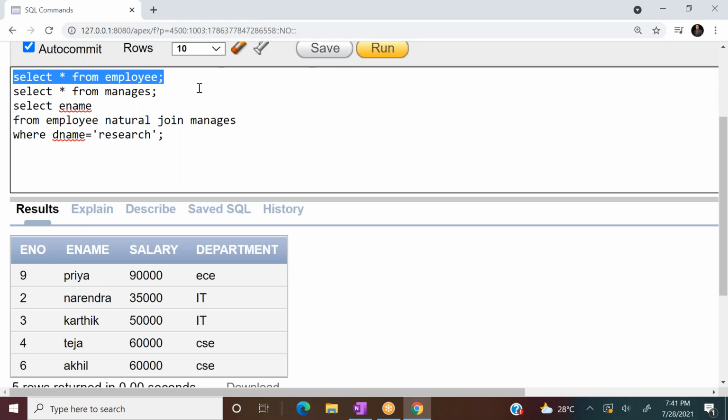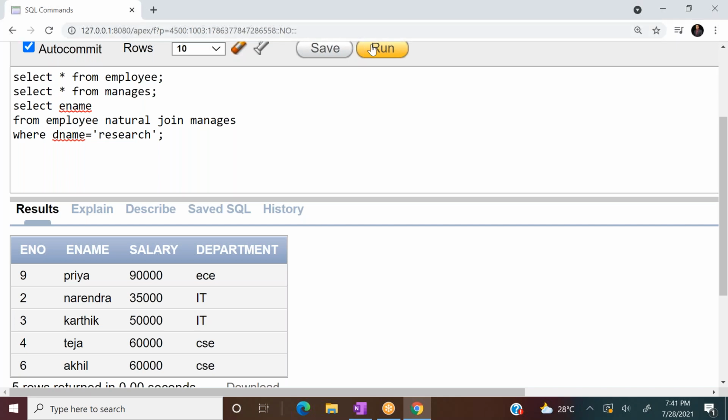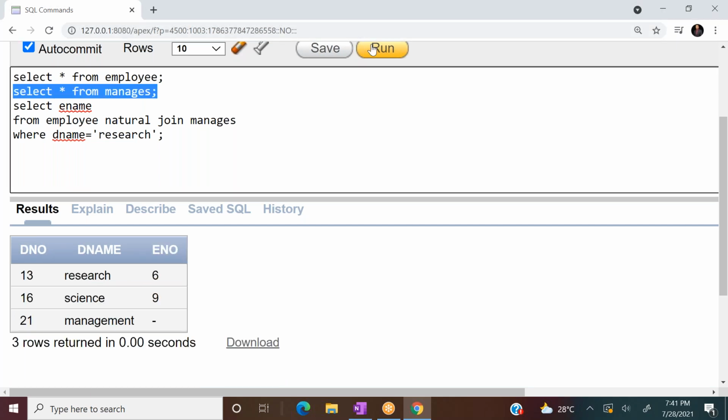And in the managers table we have 3 records. Among all of them, Priya and Akhil are managing departments. Priya is managing the science department, Akhil is managing the research department, and except Priya and Akhil, the remaining are not managing any departments.